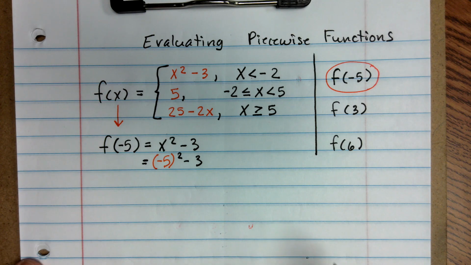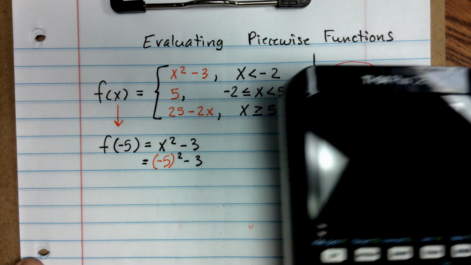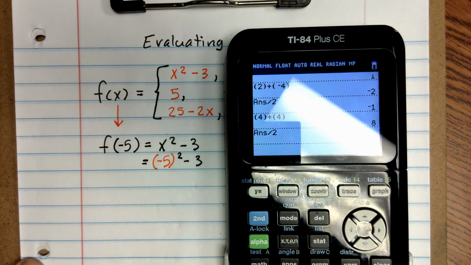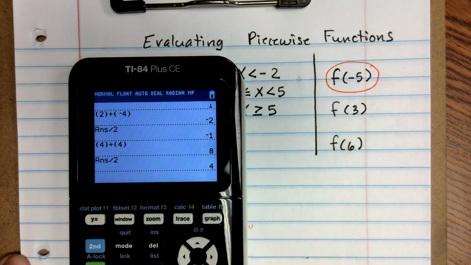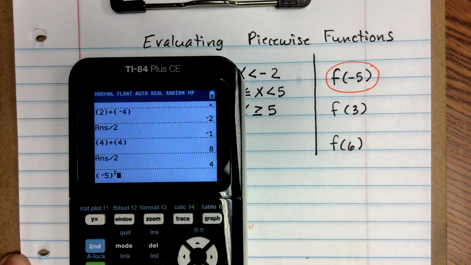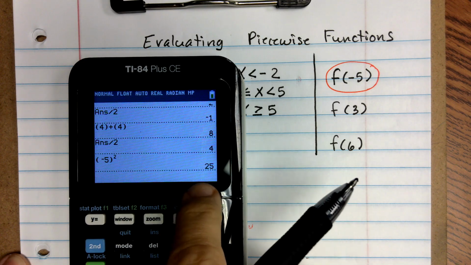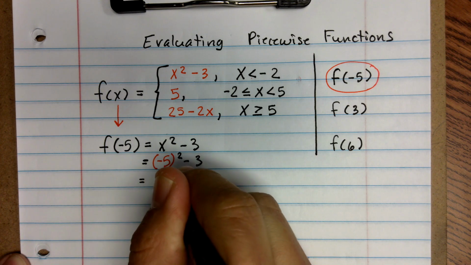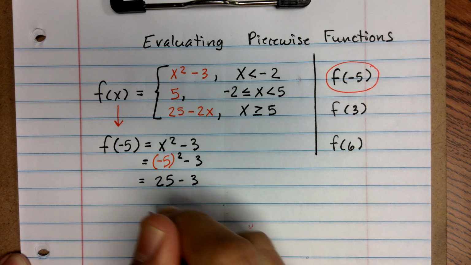So what I'm going to do at this point is go ahead and evaluate it. I could use my calculator to do some of the math if I was uncertain. Now we have -5 squared, so I can go into my calculator, put parentheses, -5, square it, and hit enter. And notice it gives me 25. So this becomes 25 minus 3.